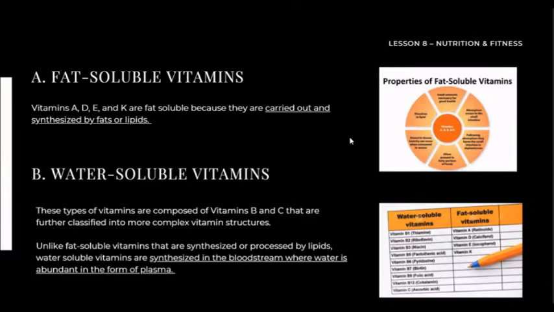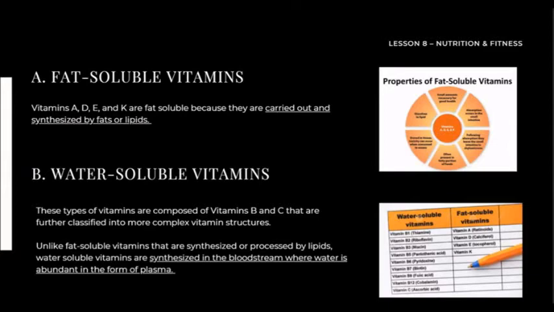Then for vitamin C, ano-ano nga ba yung mga citrus fruits? Vitamin C is important for the growth and repair of your tissues. And the food sources can come from fruits that are mostly citrus in nature.